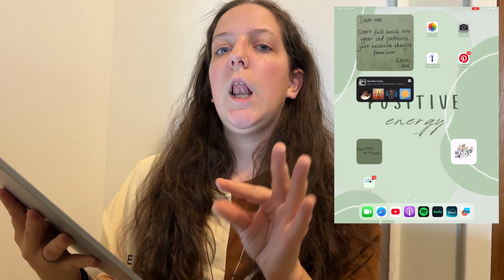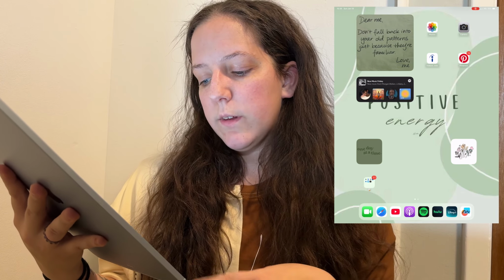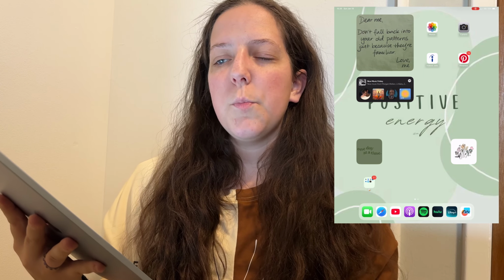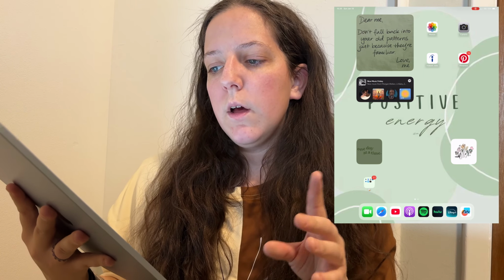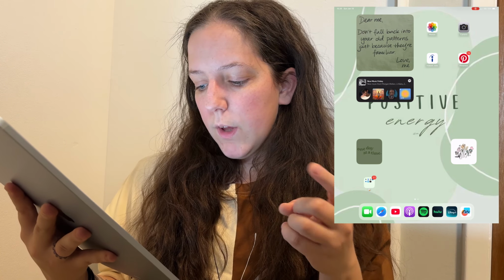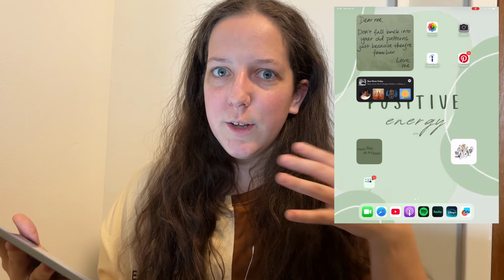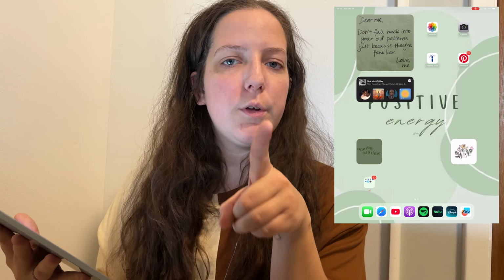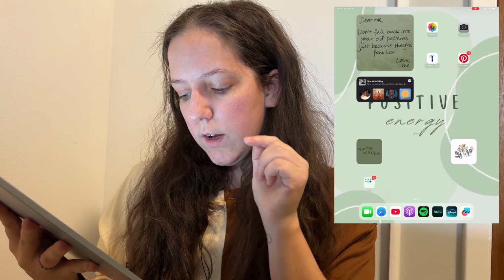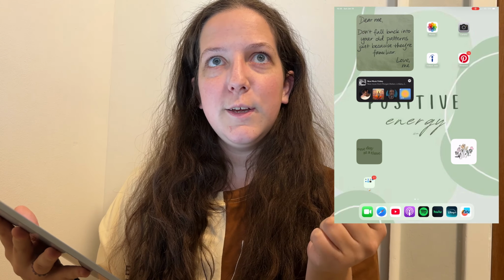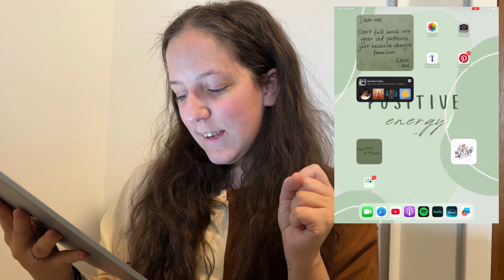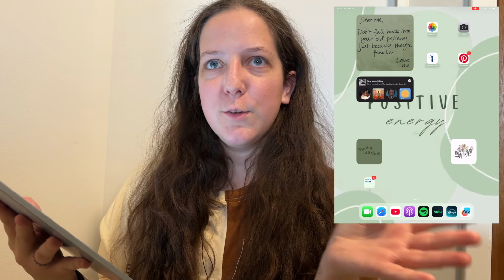I use that a lot. And then Hulu, Disney Plus, I use a lot. I honestly don't use Spotify that much on my iPad, more so on my phone. And then podcasts, honestly, I don't even really use podcasts, but I need to start using podcasts. YouTube, I always use. And then Safari, self-explanatory.